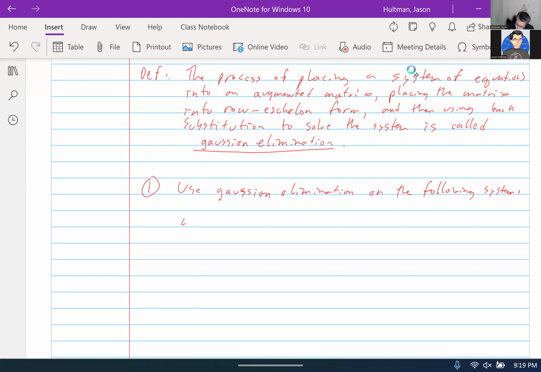We have 4x1 minus 3x2 plus 6x3 is equal to 2, x1 minus 3x2 plus 6x3 is equal to 5, and negative 2x1 plus 3x2 minus 8x3 is equal to negative 6.